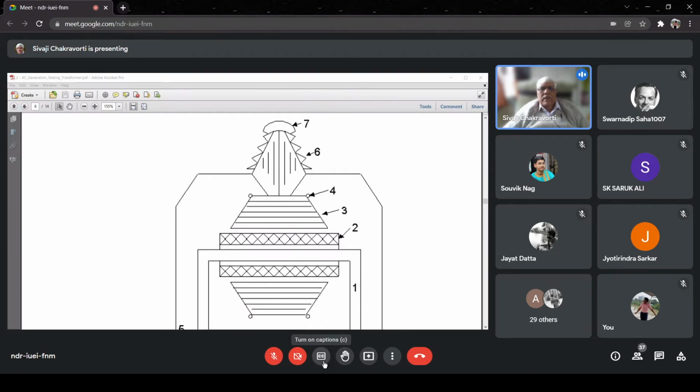I'm trying to find a photo to show you exactly how we differentiate between these two, the bushing and this.